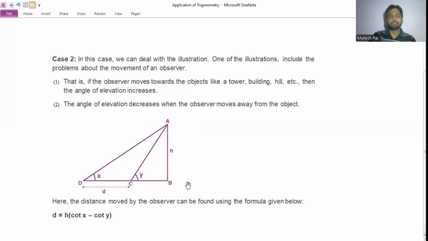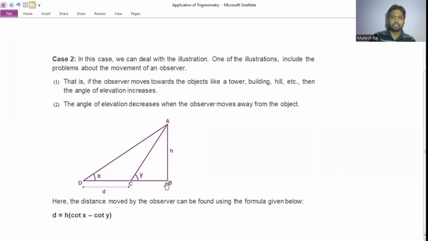And as we move towards the cliff, towards the point B, if the observer is at point D and moving towards point C, then the angle of elevation is continuously increasing.